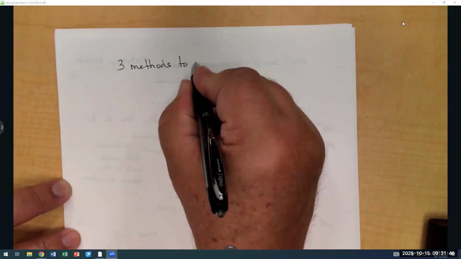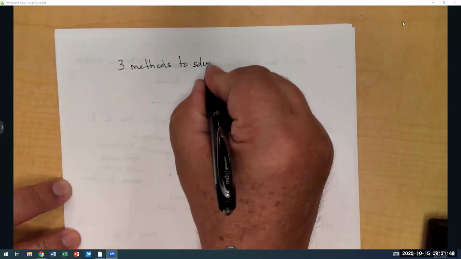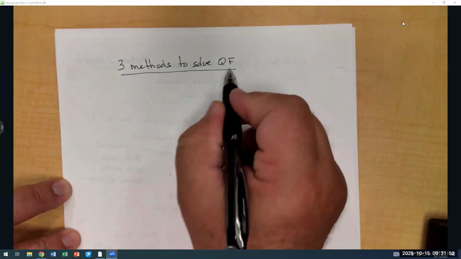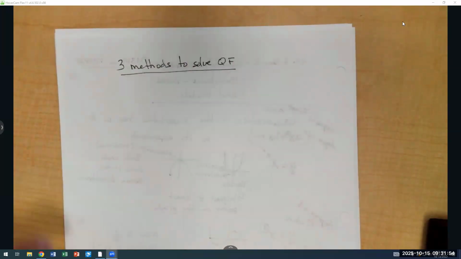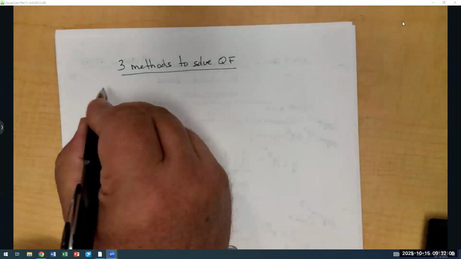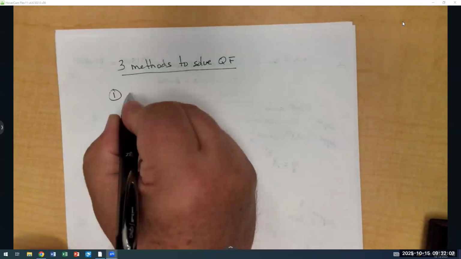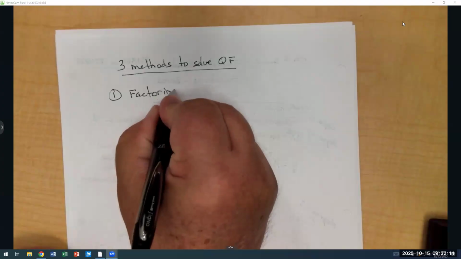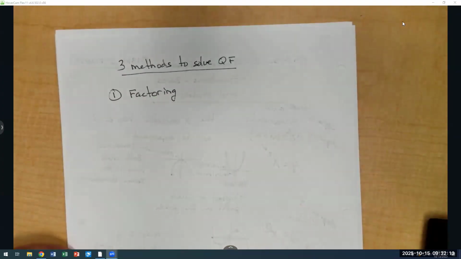Three methods to solve quadratic equations or functions. We have three methods. The first method is by factoring.